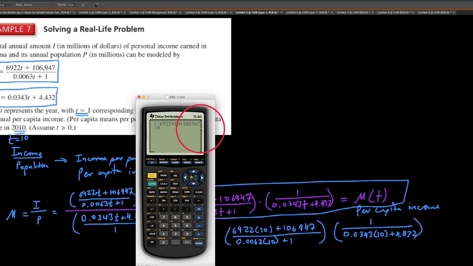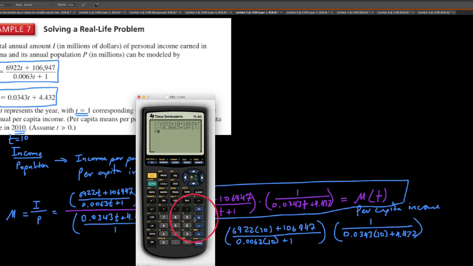There's our entire numerator expression, divided by, in parentheses, 0.0063 times 10 plus 1. So here is everything on top divided by everything on bottom, and all of that in parentheses. That's equivalent to this first expression.